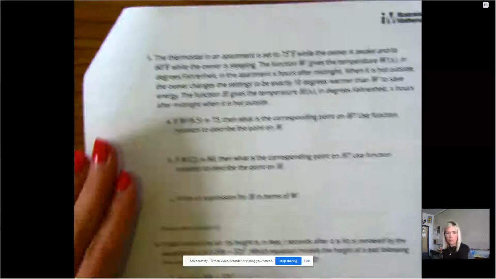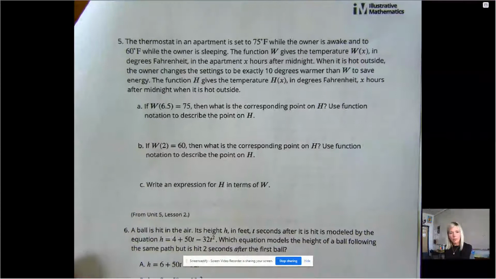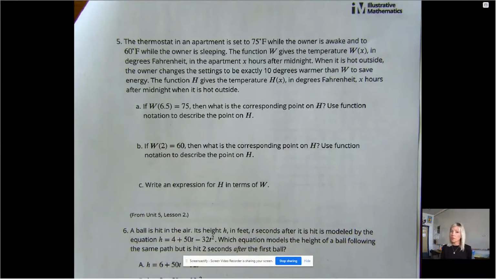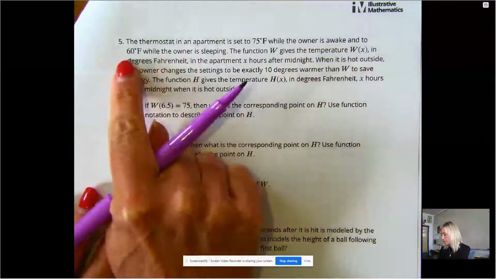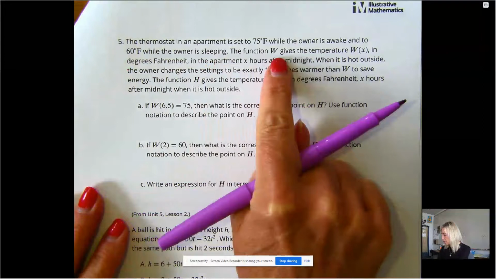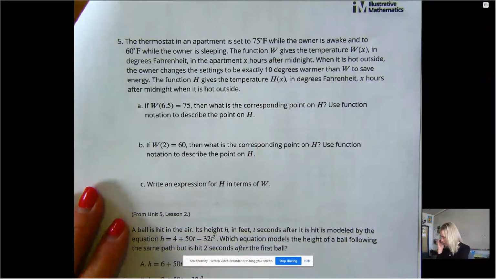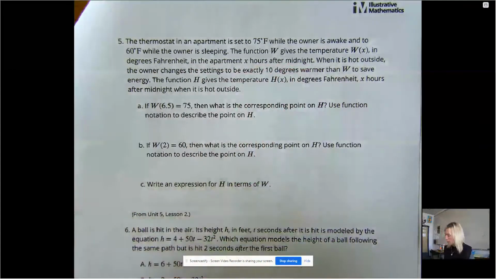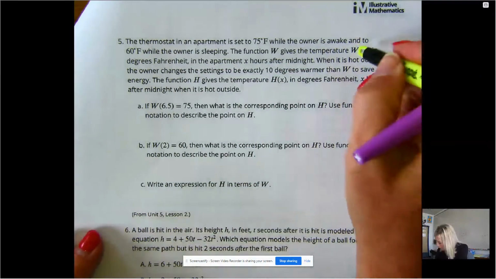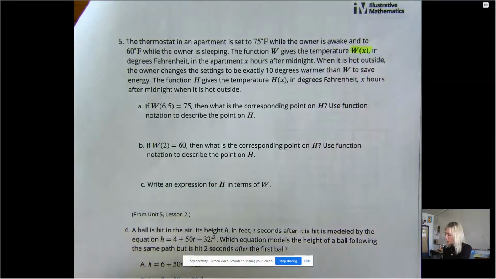Number 5, we have 2 different functions going on having to do with temperature in the apartment. So the thermostat in an apartment is 75 while an owner is awake, and then 60 while he's sleeping. The function W of X in degrees Fahrenheit is the temperature in the apartment X hours after midnight. So W of X is our initial function.